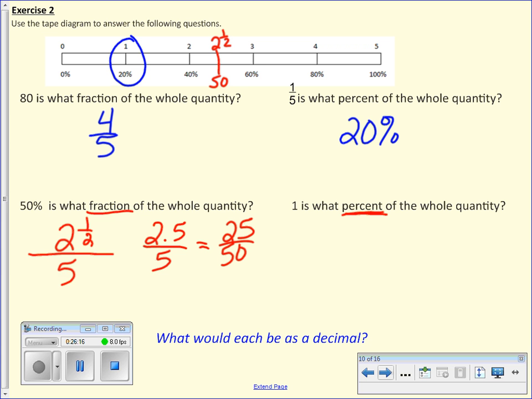Just a percent, not a fraction. And it's not 1/5. It's 1 whole. 1 is the same thing as 5/5. So what's my 1 whole? My 5/5 equals what? 100%.